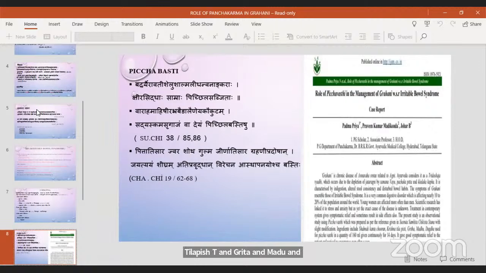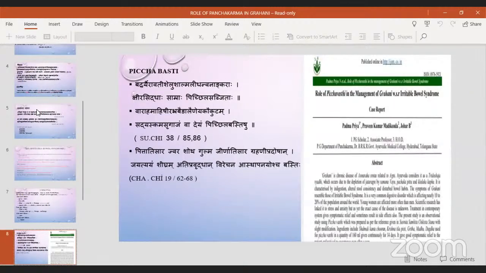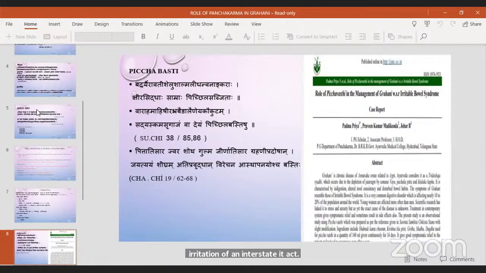Picha Basti has Pichila Guna, forms a protective layer over the intestine and reduces irritation of the intestine. It acts as Pitta Shamaka, Shothahara, Vranaropaka and Raktastambaka. Hence it is mainly indicated in Grahani.